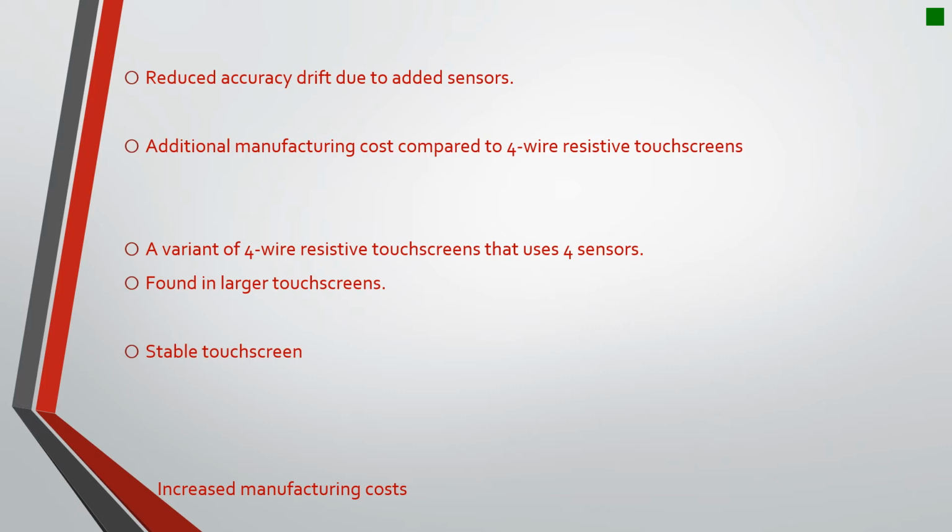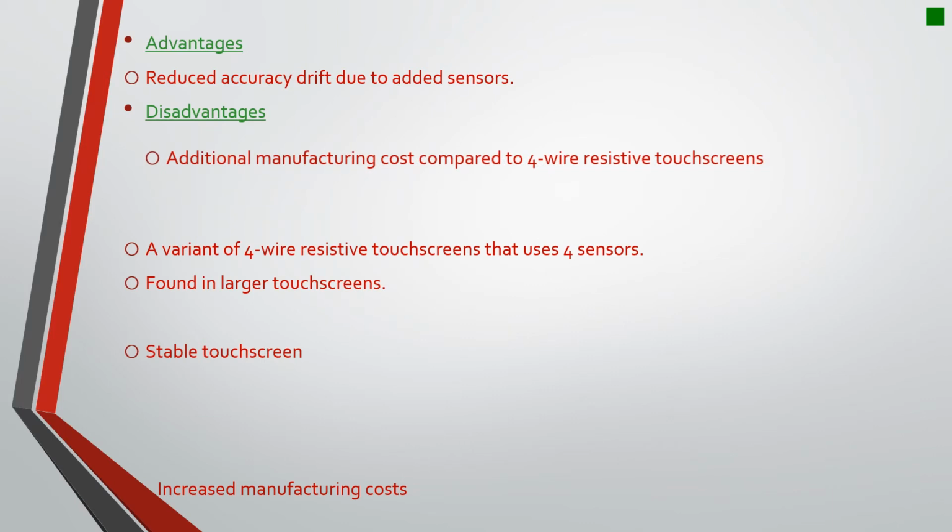In these touchscreens, you've got a much more reduced accuracy drift due to the extra sensors, and that's all. And a reduced accuracy drift is always useful. However, there's also an additional manufacturing cost, which, as mentioned before, is never liked by any customer.